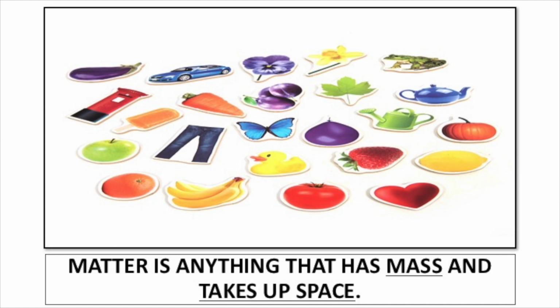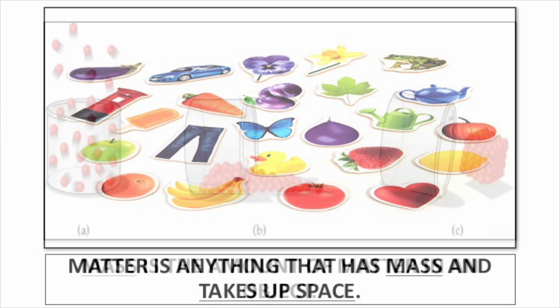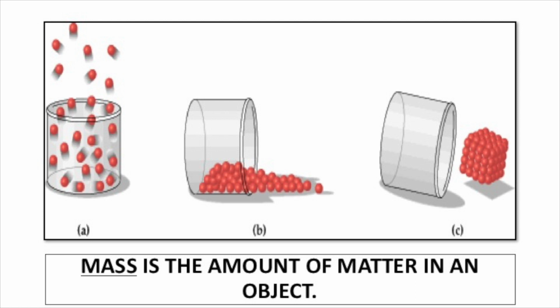And they exist in one of the three different forms: solid, liquid, or gas. Now, all of these objects are one particular type of matter. What are they? Solids. You can see all of these objects are solids. No liquids and no gases. Mass is the amount of matter in an object.